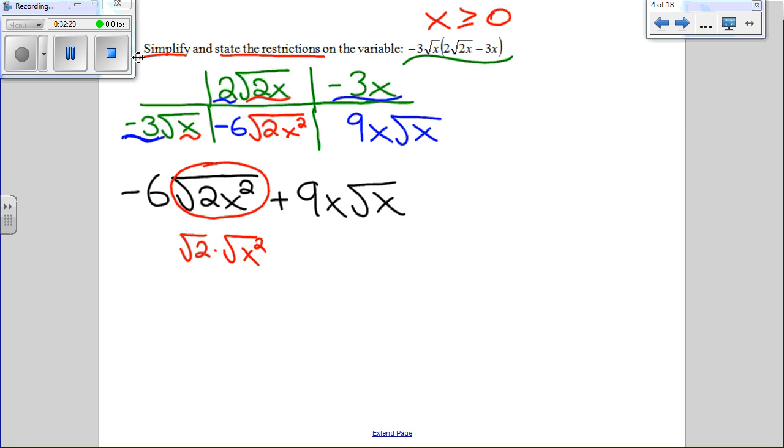And that's how some people like to view it: they remember this trick and they break it apart. The way that I like to do it, when I'm simplifying radicals where there's a variable underneath the root sign, is I look at the index, which is a 2, and I ask myself, how many groups of 2 could go into x squared? So how many groups of 2 could go into 2? One group. That means one x comes out, and how many x's would be left under the root sign?